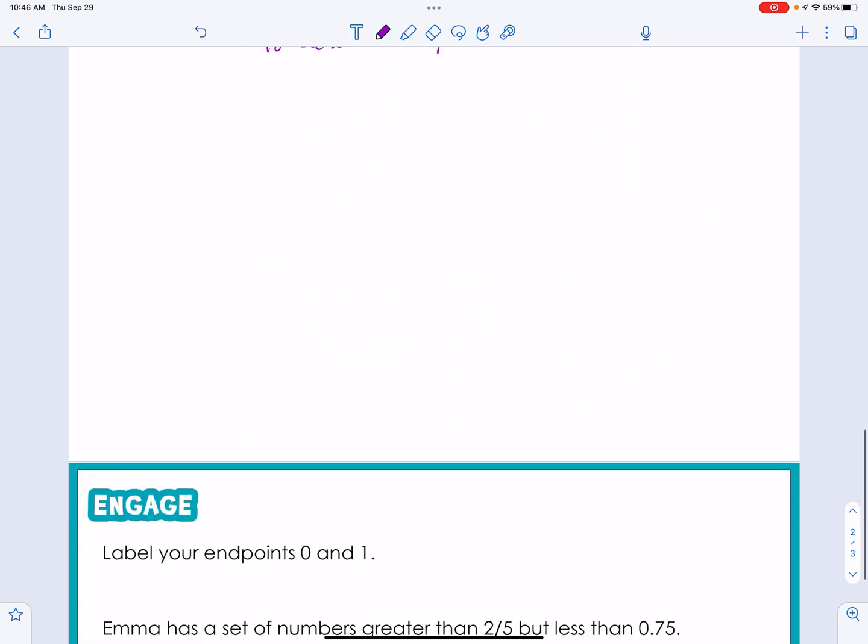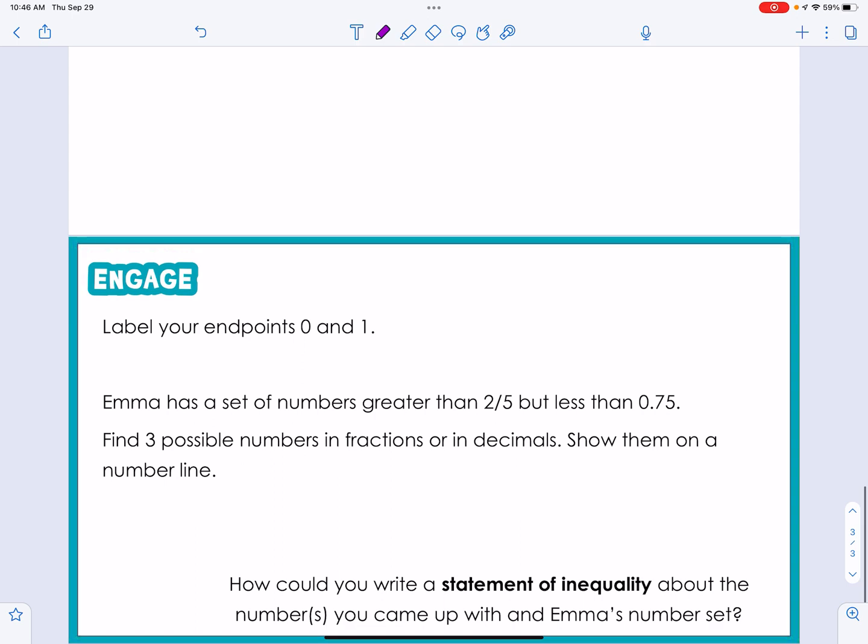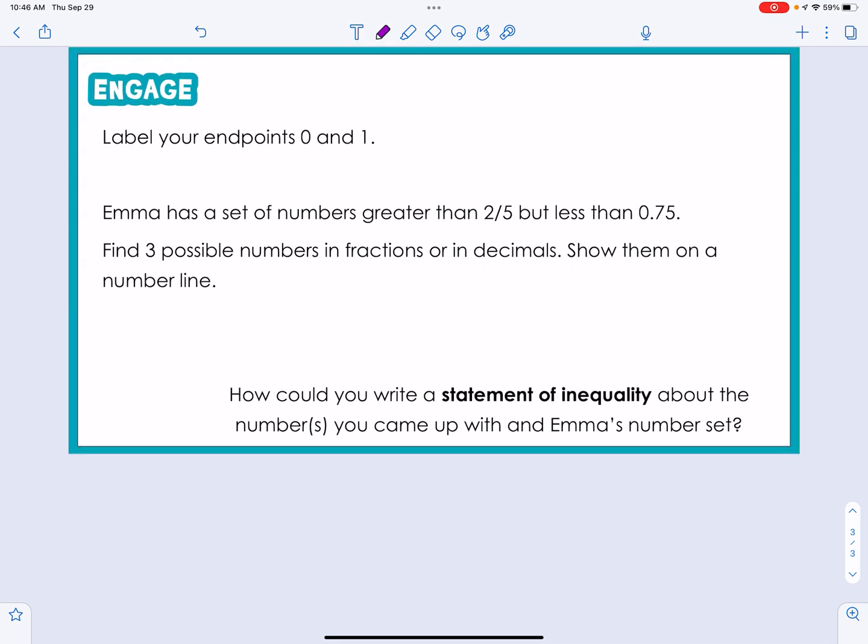Now, the next step in this process is what happens if you have something like a fraction and a decimal. Those are a little bit more difficult to compare, but we do know things about equivalencies and values, where we know 2/5 does have a decimal equivalent.